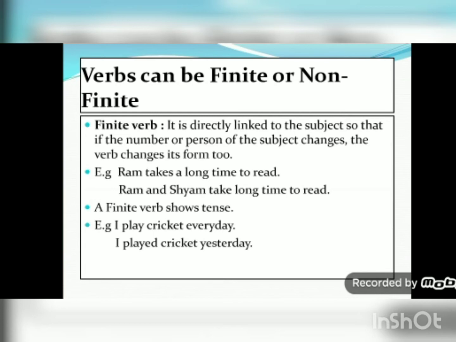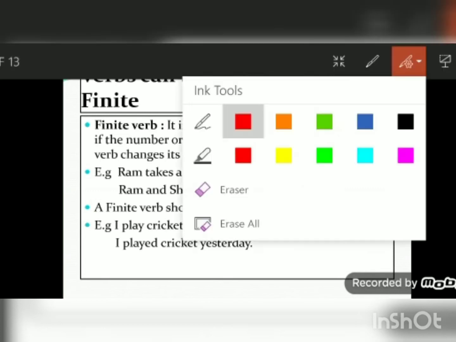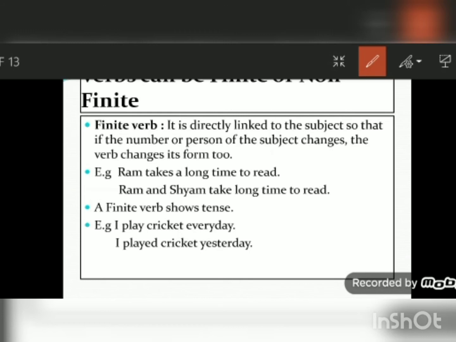Now come to finite and non-finite verbs. What do you mean by finite verb? A finite verb is directly linked to the subject, so that if the number or person of the subject changes, the verb changes its form.